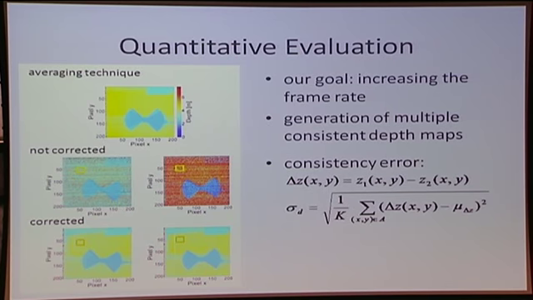The error was defined basically as the standard deviation of the difference of the depth measurements of all pixels within a patch, which is shown here. For the single depth maps generated from uncorrected data, we get a consistency error of about 2.8 meters, whereas our technique gives an error of 0.1 meter, so it's about 28 times better.